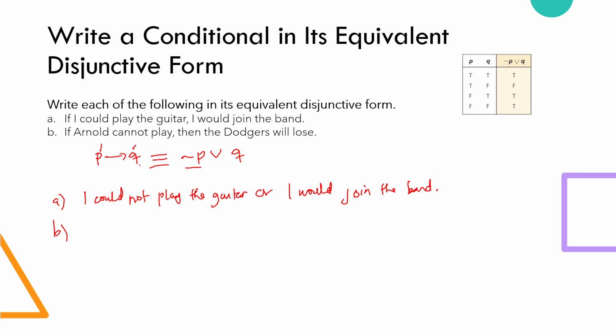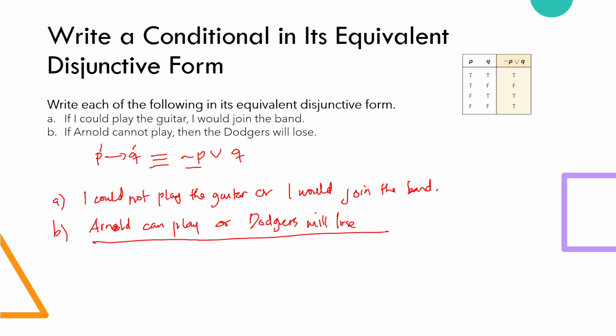So the equivalent statement for this one: if Arnold cannot play, so Arnold can play, or the Dodgers will lose. Okay, this is an equivalent for this one. So if Arnold cannot play, then the Dodgers will lose.